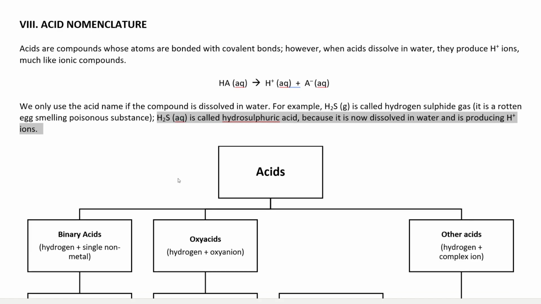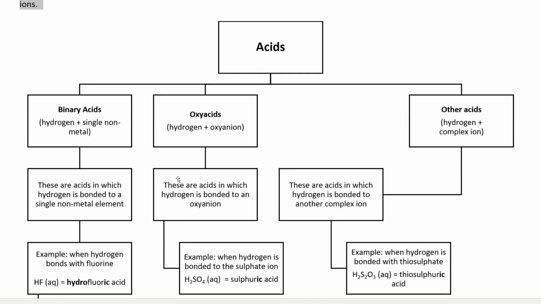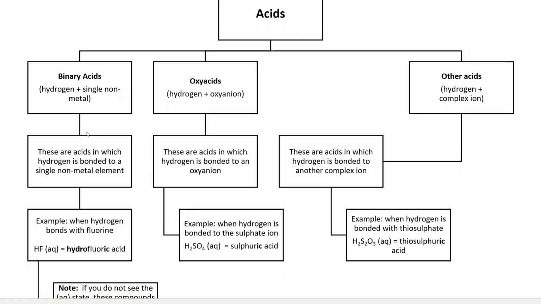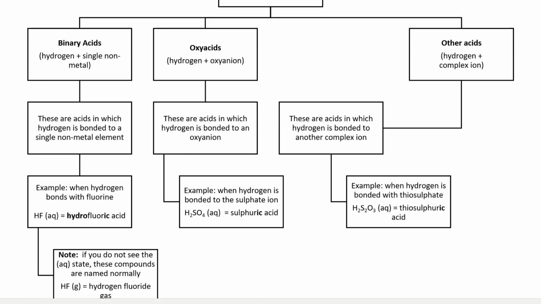So we have a flowchart here of the way we name acids. You have acids, and they can form binary acids, which are hydrogen and a single nonmetal. These are acids in which hydrogen is bonded to a single nonmetal.